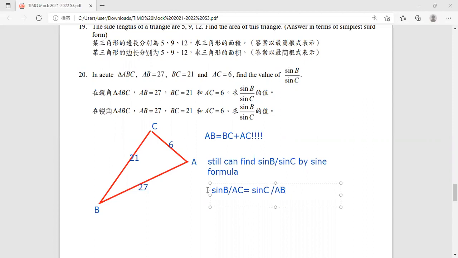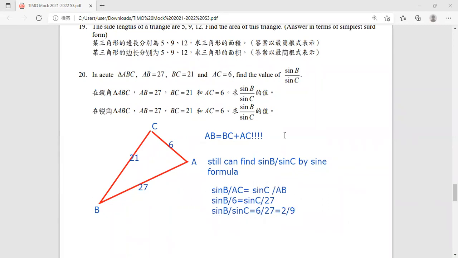So you just put the numbers on it. Sine B over 6 is equal to sine C over 27. So sine B over sine C is equal to 6 over 27, which is equal to 2 over 9.